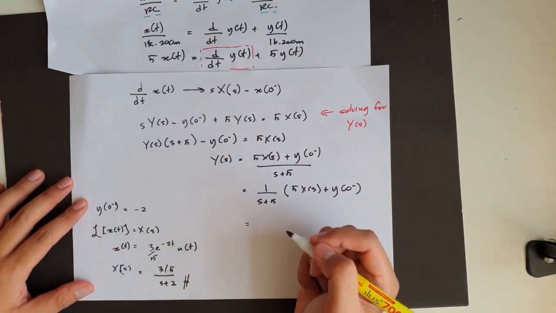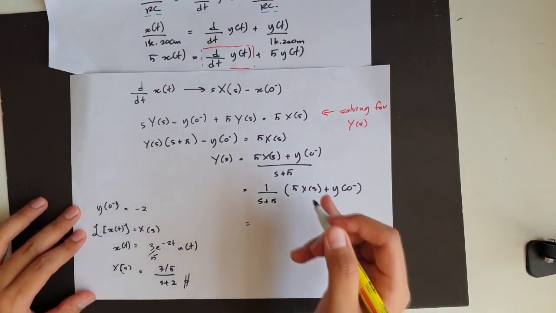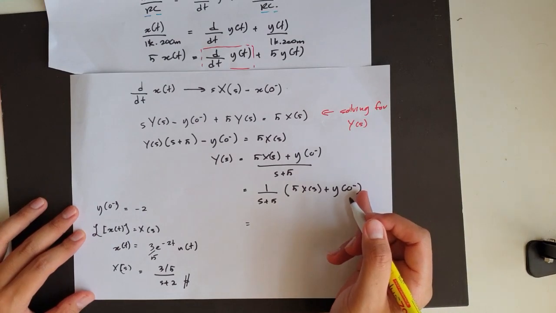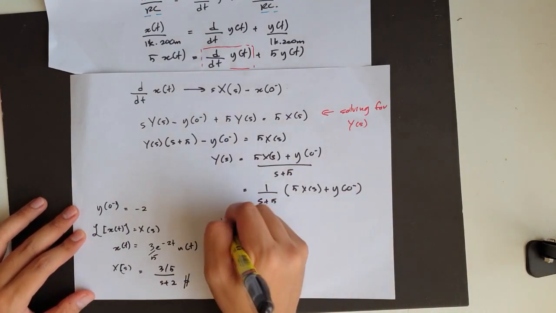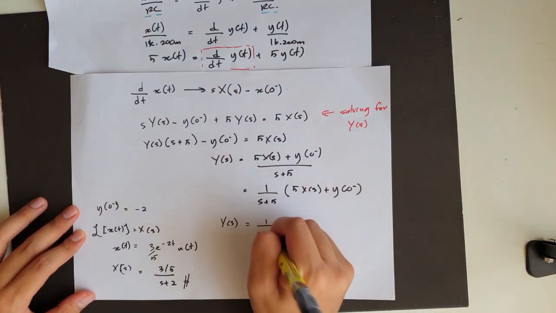So we just replace this, and we already have the initial condition, so Y(s) equals 1 over (s + 5).